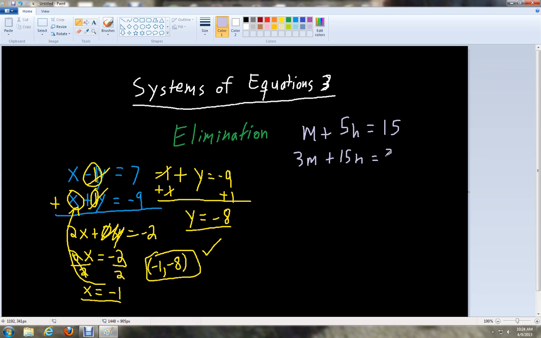When I was teaching community college, a lot of people thought, is that an H, or is it actually an N? So I'll just treat that as an N. M and N. So m plus 5n is 15. 3m plus 15n is 30. Draw our line underneath.